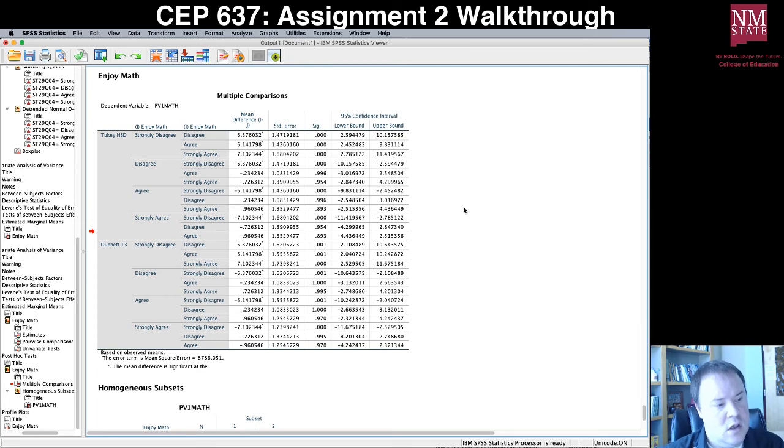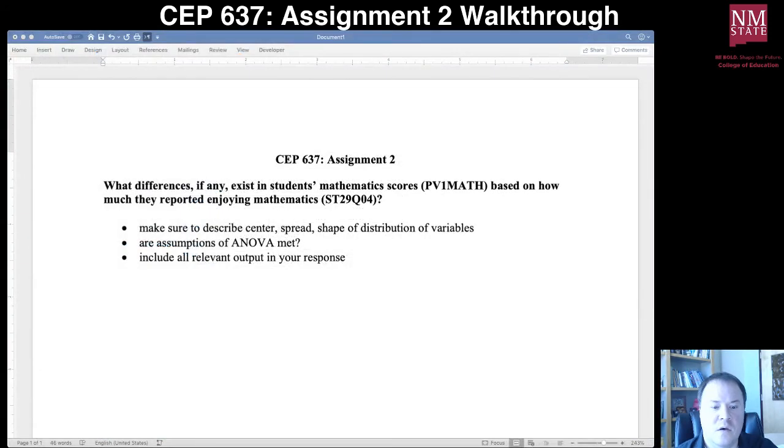So if we were going to write up a set of results, we might say something like this. First, we would need to describe center, spread, and shape of variables. I'm not going to put that here. And we would need to describe the assumptions, which we are unsure about whether or not there is homogeneity of variances.